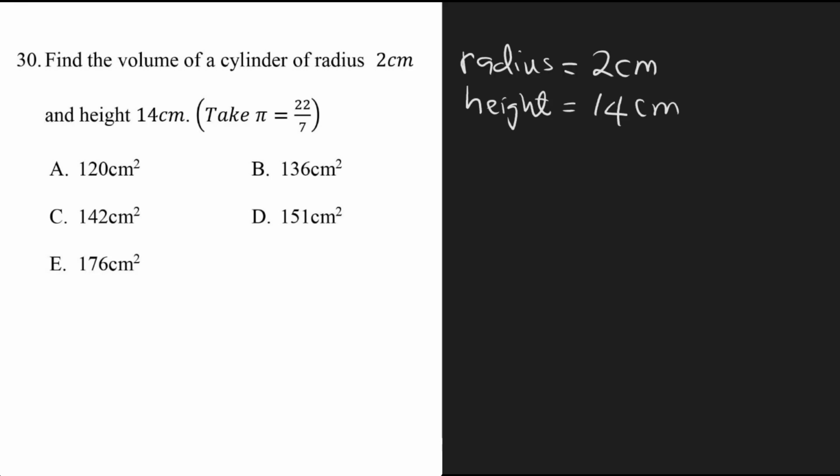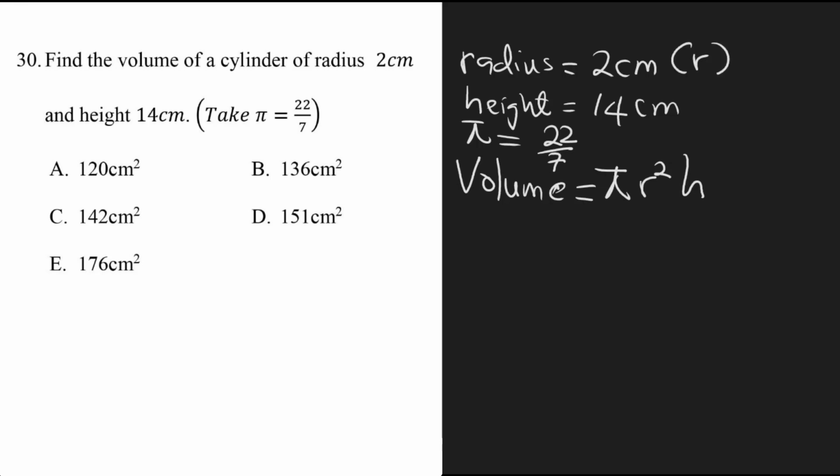We know that in a cylinder, volume is equal to pi r squared h, where pi is 22 over 7. So we say pi is 22 over 7, and r is the radius, and h is the height.